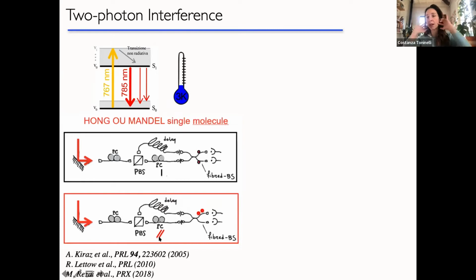Only in the case of parallel polarization do we expect to see two photon interference, which again has the same shape of a dip at zero time delay, which means that we do not register both detectors clicking at the same time.